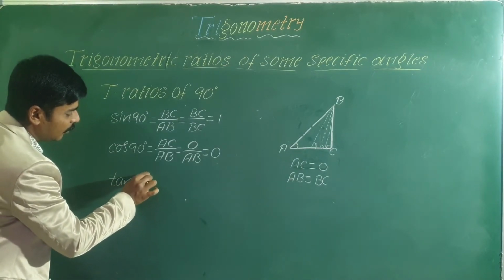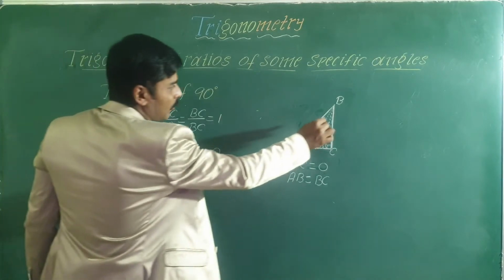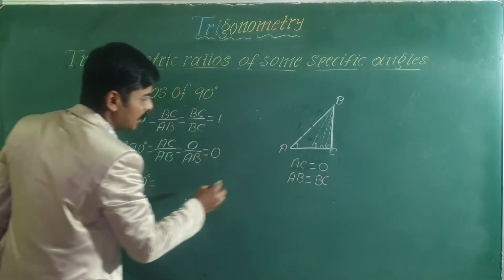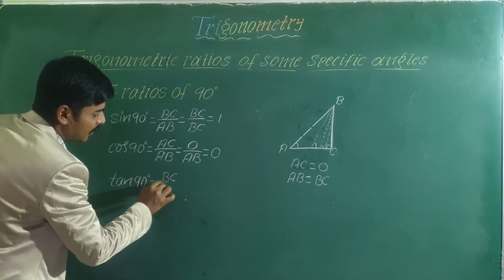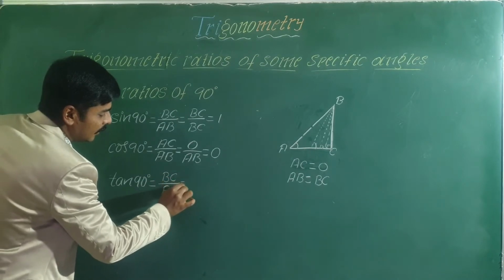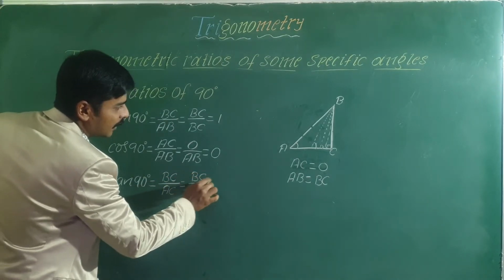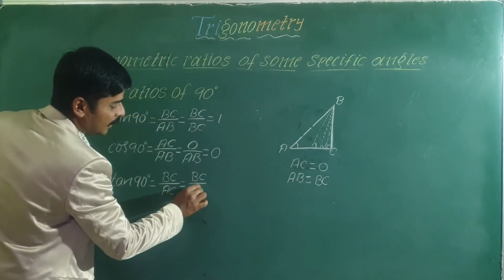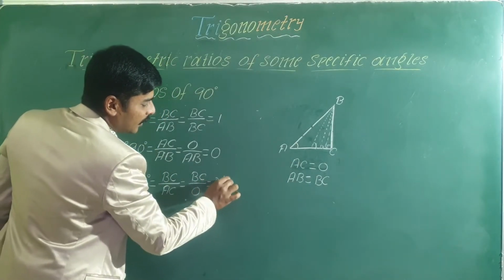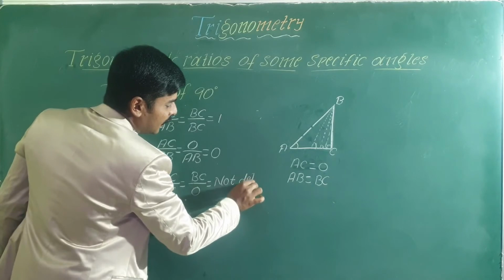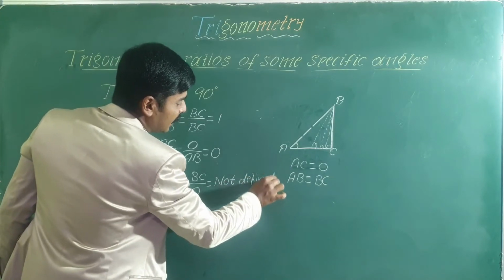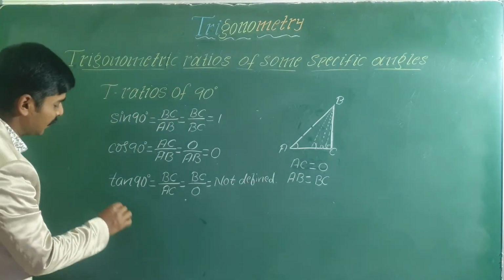Tan is what? Opposite side by adjacent side. Opposite side is BC, adjacent side is AC. So BC by AC, where AC is 0. Anything divided by 0, we say it is not defined. It is not defined.